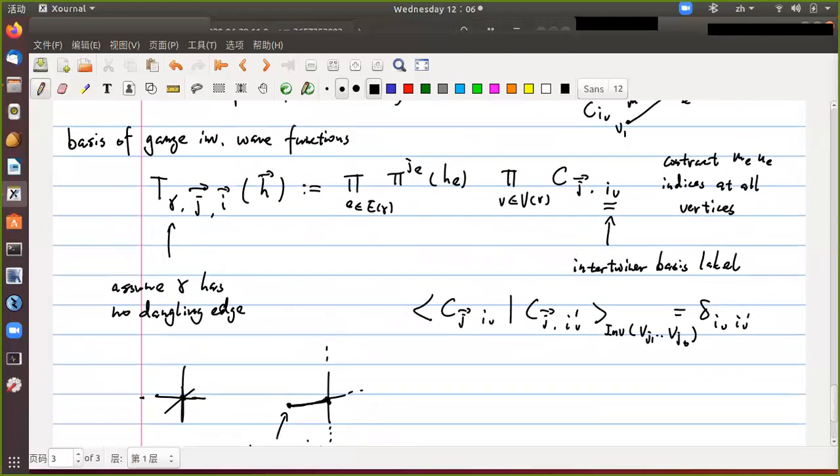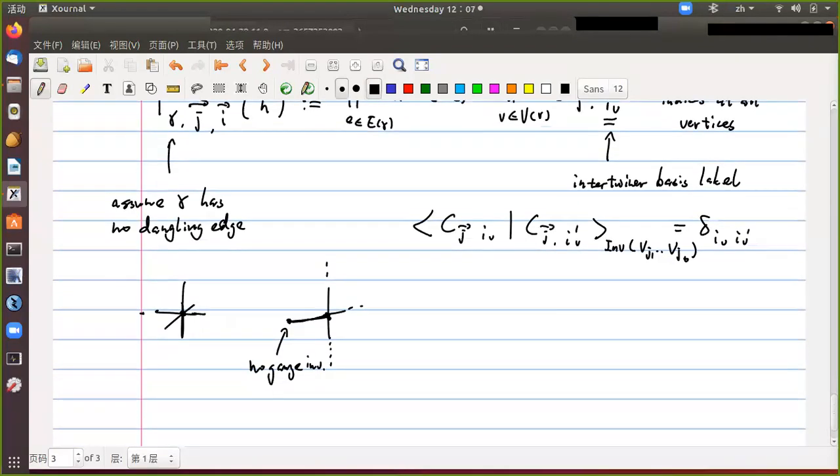So in order to have a gauge invariant wave function, in order that all the wave functions are gauge invariant, you have to assume that this gamma has no dangling edge. The simplest case is that our lattice has periodic boundary condition.